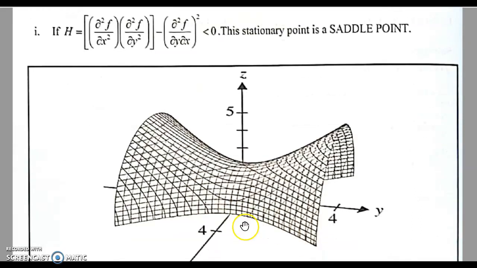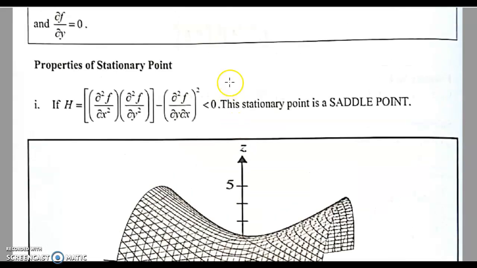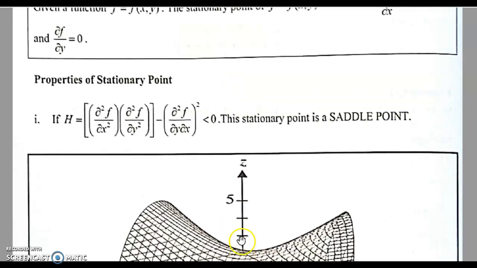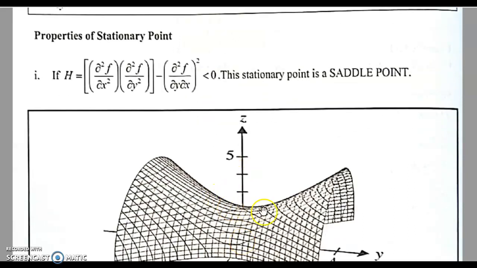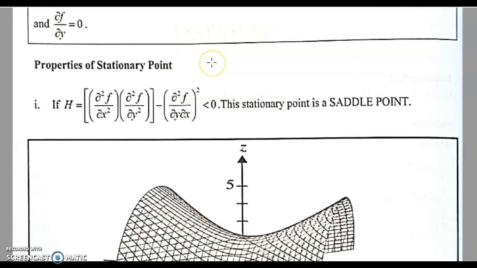For example, the stationary point may be 5, 3, let's say. It depends on the graph: for this case x, y, z, so the coordinate should be x, y, and z. For a 2-dimensional graph, we will have a coordinate x and y as the stationary point.